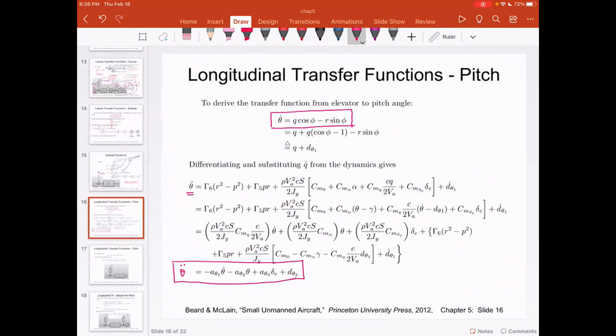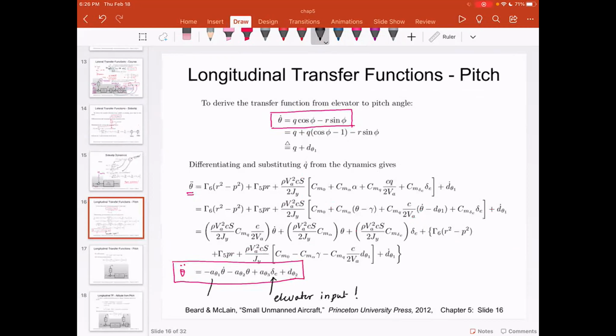So what we are going to do is substitute that, and then you have again a very simple linear equation with the control input, which is the elevator input. So now this equation can be represented as a very nice simple transfer function representation.